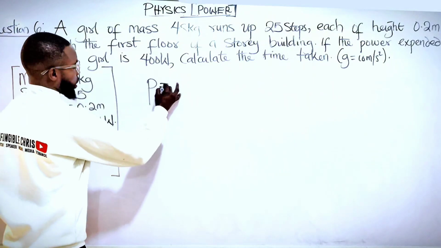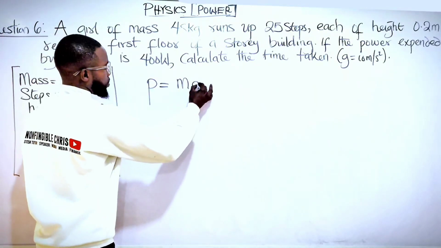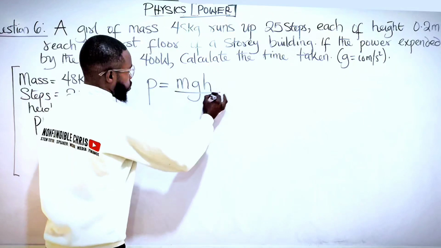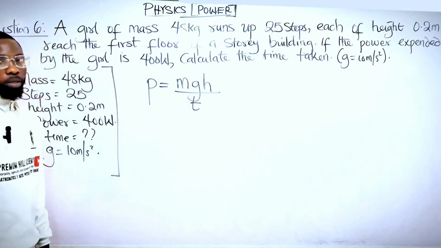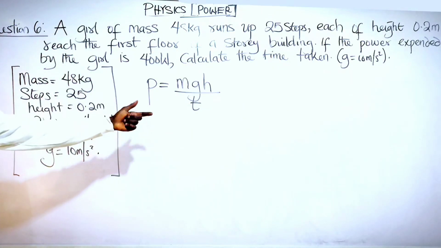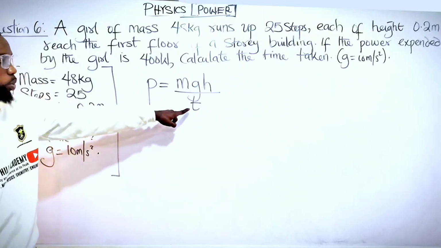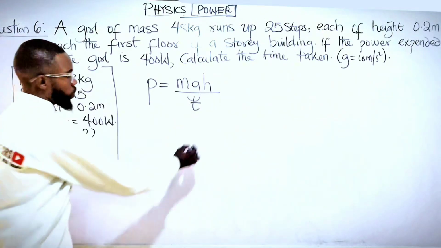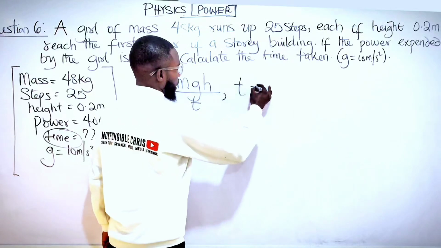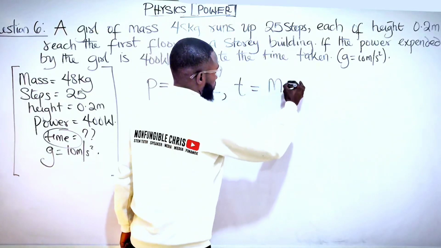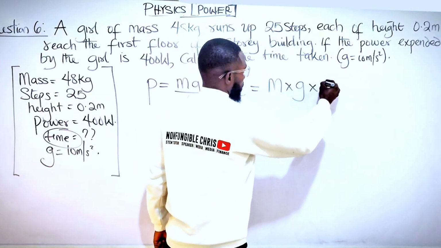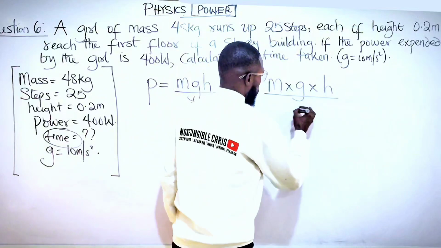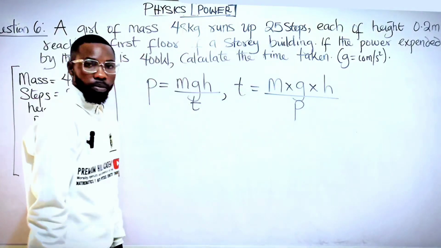Naturally, we've done that. Remember that power is mgh over time taken. We've established this fact, right? So we can cross multiply because we're looking for the time taken. So our time is m times g times h over the power.